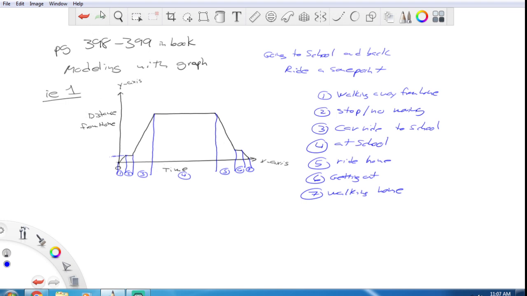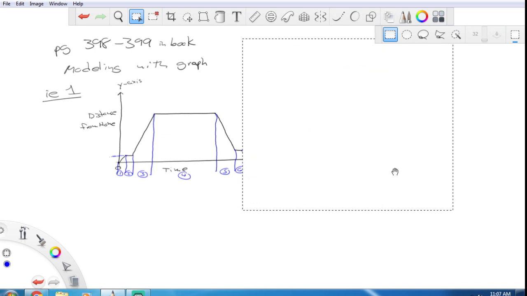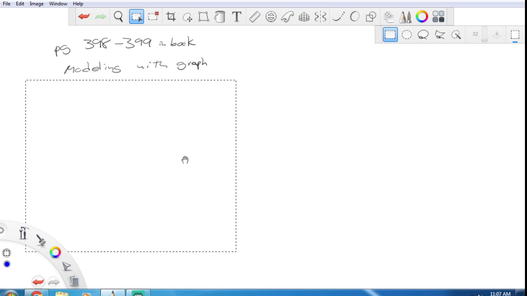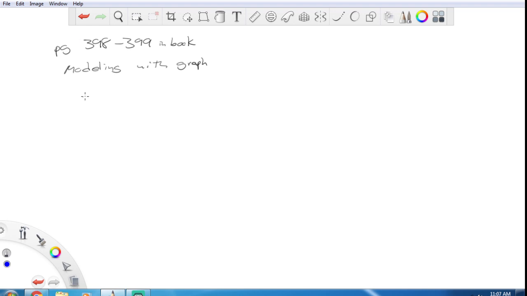So let's walk through number 1, what you need to do for number 1. Again, if you look at the assignment, you can't turn in number 1 because it's a drawing, so don't turn it in. But I do want you to still do it.